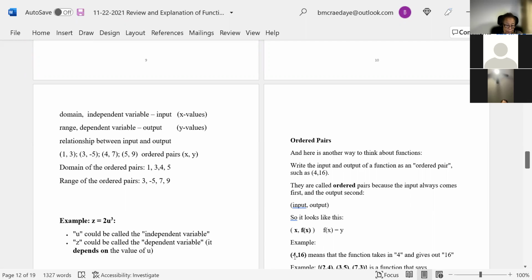That means you square this and you get 16.